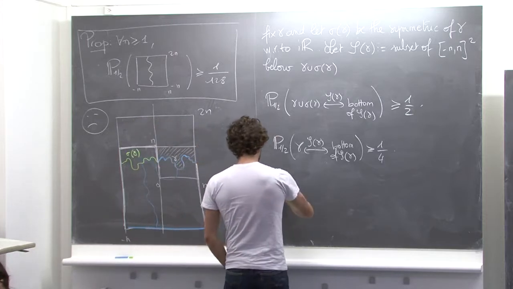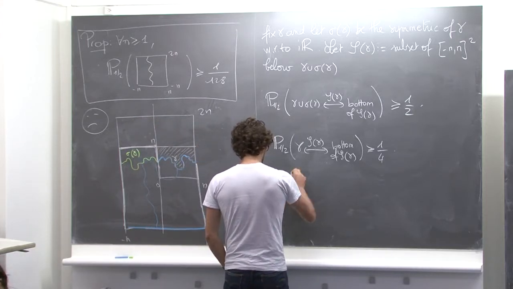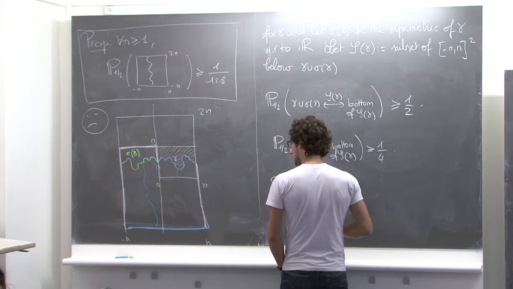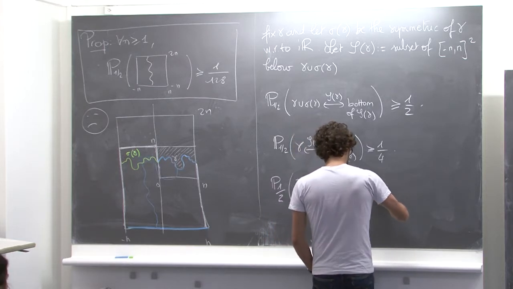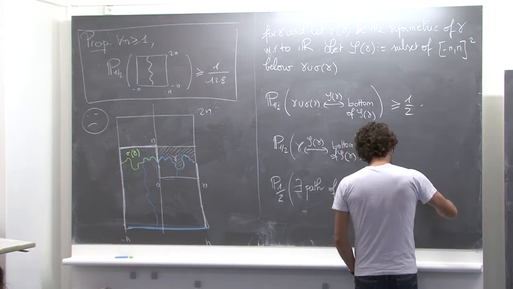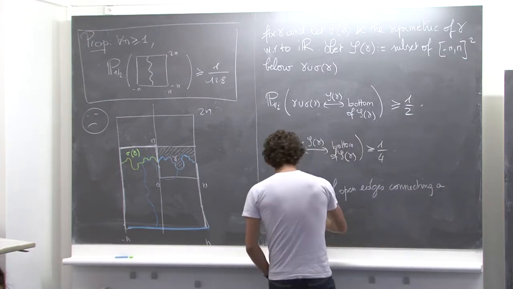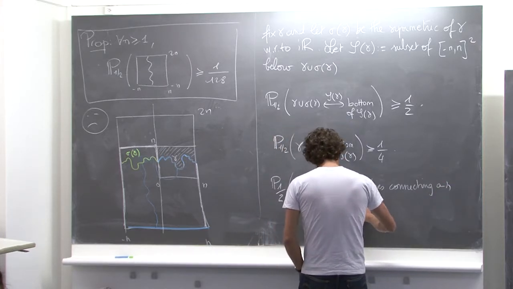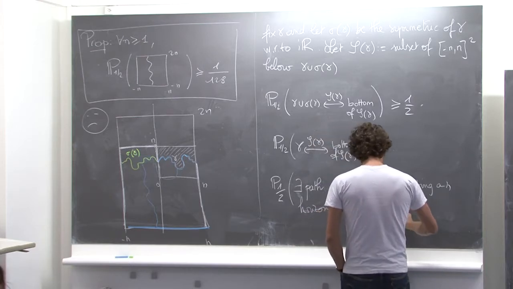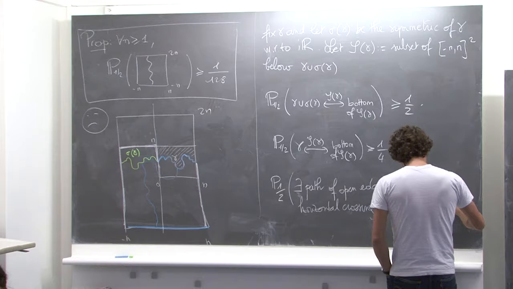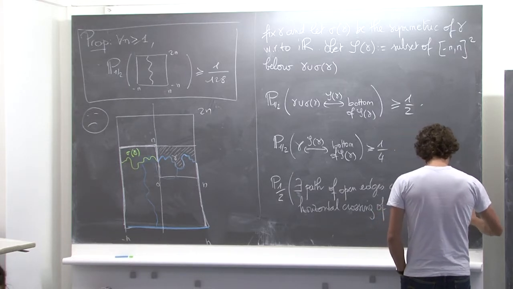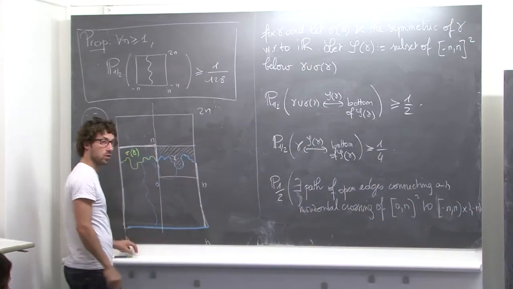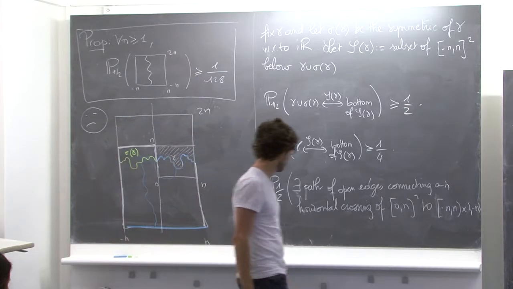So let's look at the probability at 1/2 that there exists a path of open edges connecting a horizontal crossing of [0,n]² to [-n,n] times {-n}. Okay, so I want now that this guy is a typical horizontal crossing of this thing.